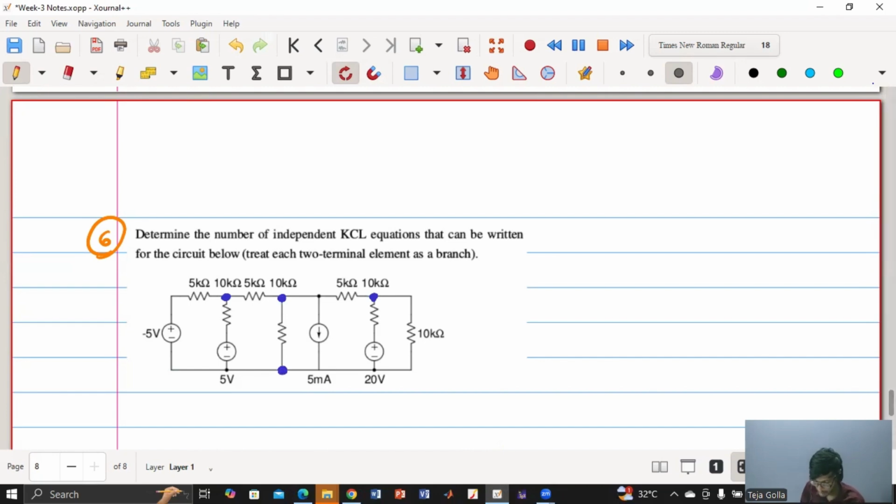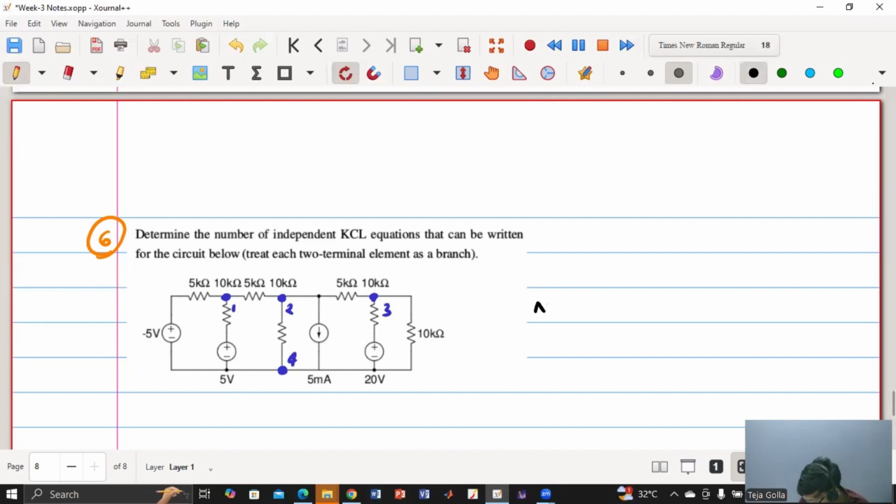All these at the bottom are a single node. So am I missing any nodes, or how many nodes are there? Four. Four nodes, right? So 1, 2, 3, 4.